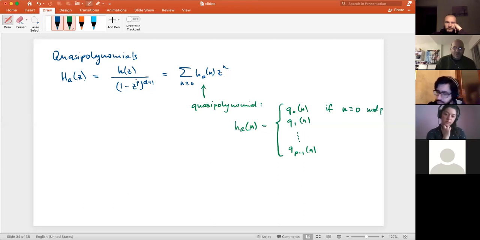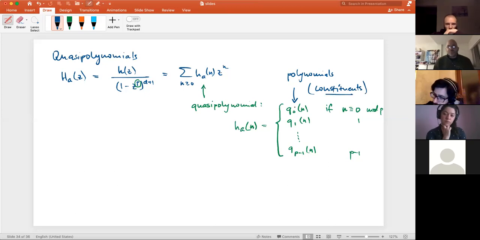That p is this p. And these things are polynomials. They're called the constituents, a good name, the constituents of the quasi-polynomial.